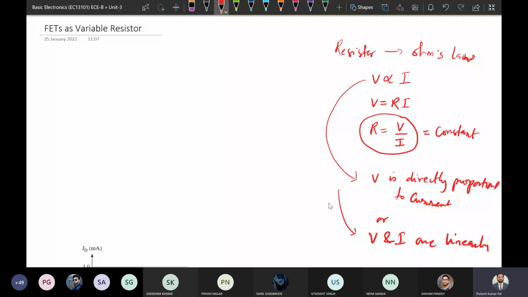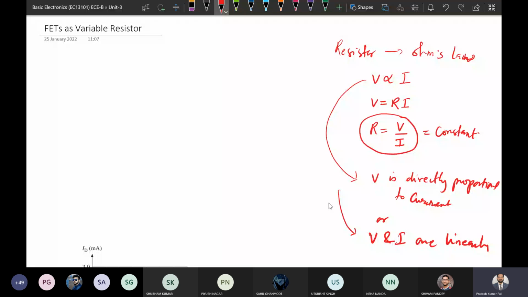Okay, so slope 1 is greater than slope 2, which is greater than slope 3. This one has the lower slope, so we can correlate in terms of voltage, and the slope will be the output.